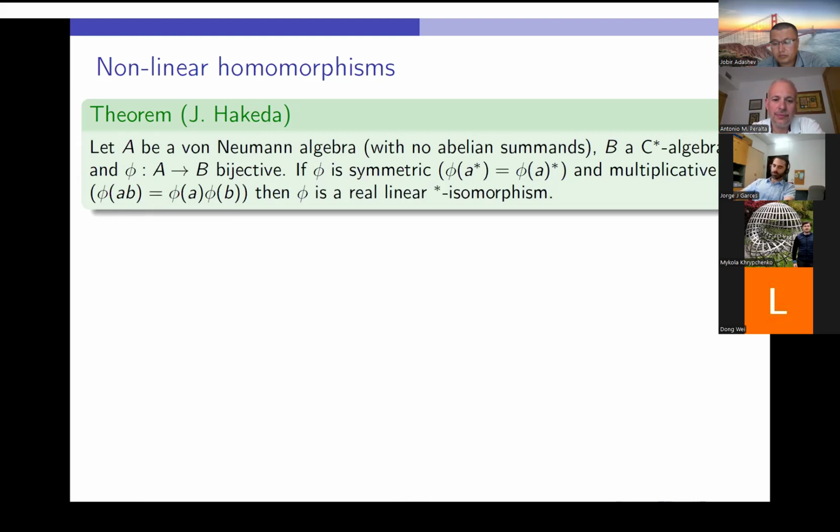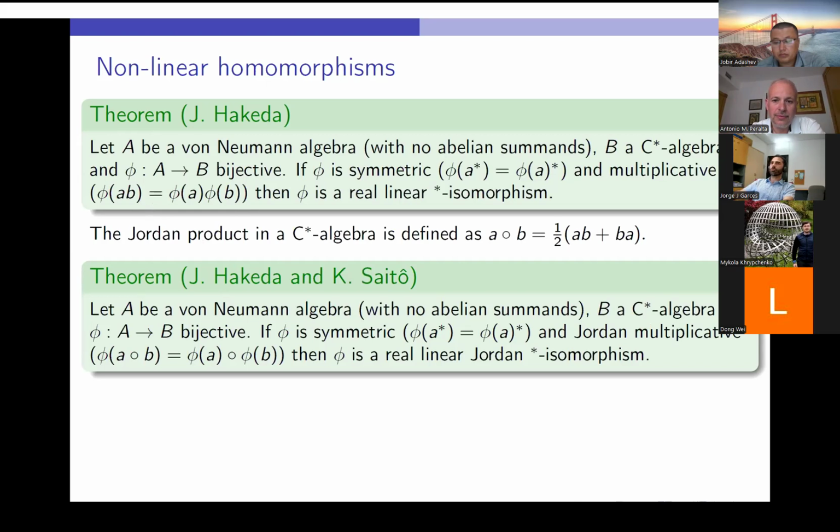So automatic linearity can be achieved. This result is also true when we switch the product by the Jordan product. So it's also true, and this is the result by Hatori and Saito.